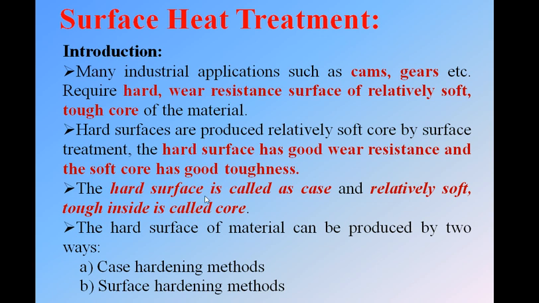The hard surface is called the case, and the relatively soft, tough inside is called the core. So surface heat treatment is sometimes also called case hardening, where case means the outer surface and core means the inner part of the material. We want a hard and wear resistant surface with a relatively soft and tough core.